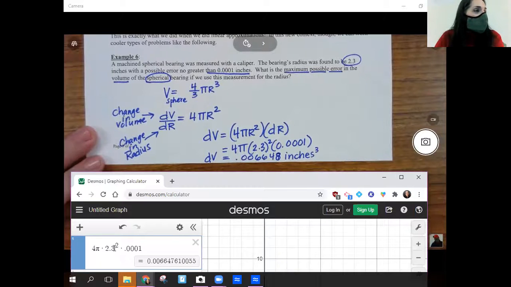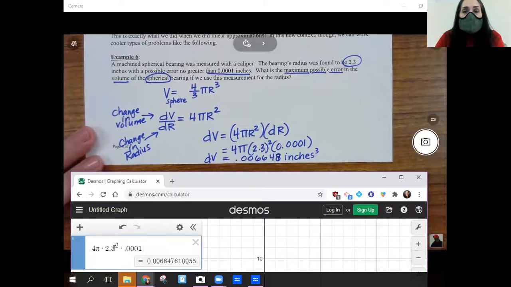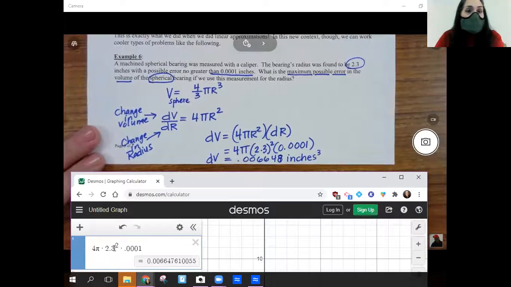But if you're dealing with an airplane or anything large that would have a lot of impact with the volume being thrown off, then you have to make sure you're accurate. So there you go, that's example 6. That's it for the 3.7 notes. I was hoping I could get through that a little faster for you, but at least we finished.